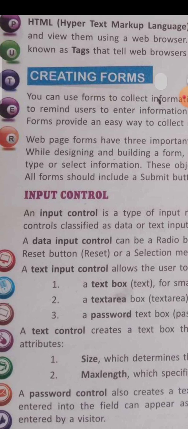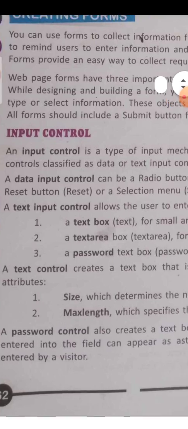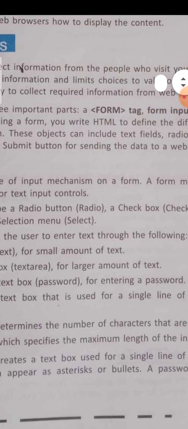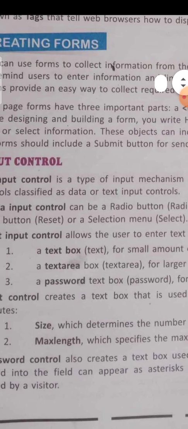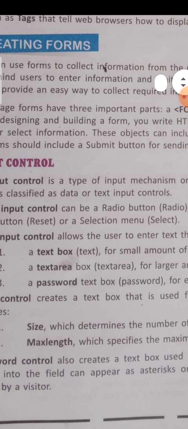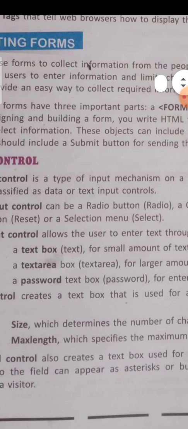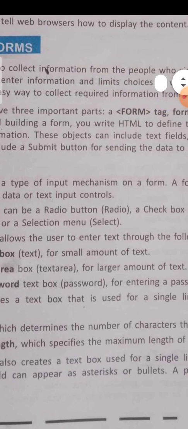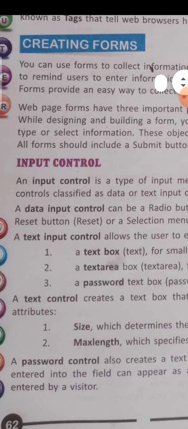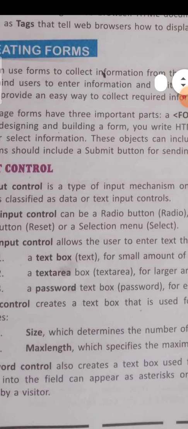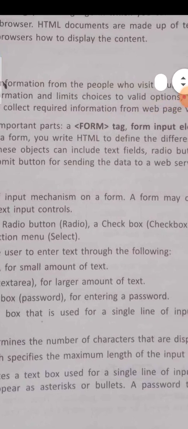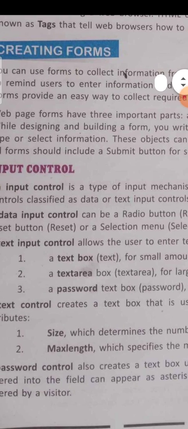As for text input controls, which allow the user to enter text, there are the following: a text box, a simple text for a small amount of text; second is a text area box for a larger amount of text; and third is a password text box for entering a password.